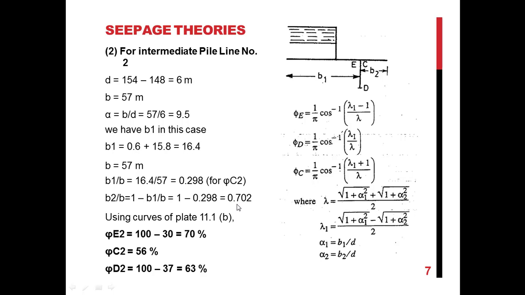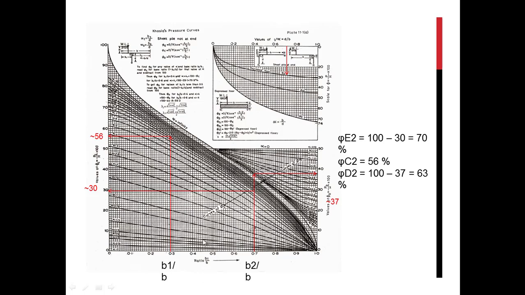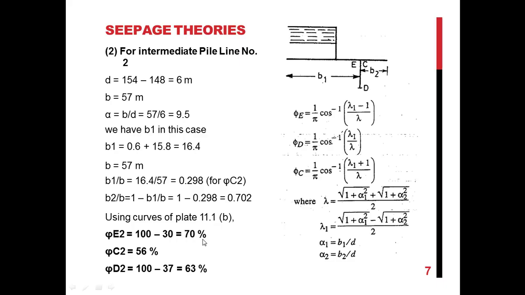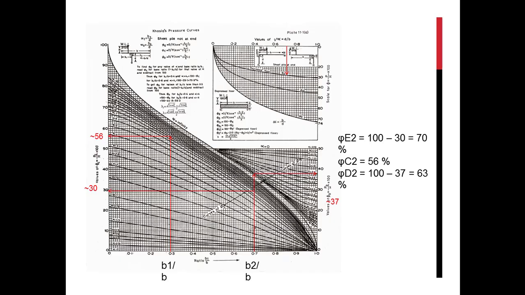So this is the value of B2 divided by B. Now using curves of plate 11.1B, which is this one, we will find the value of phi C and phi D.